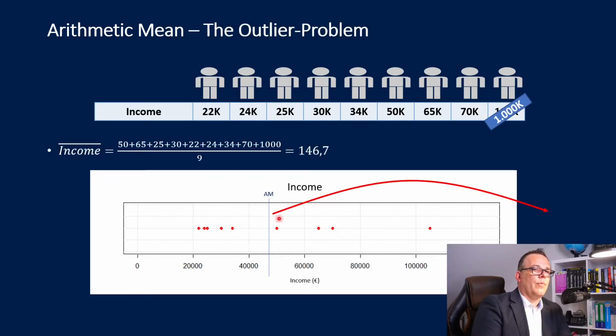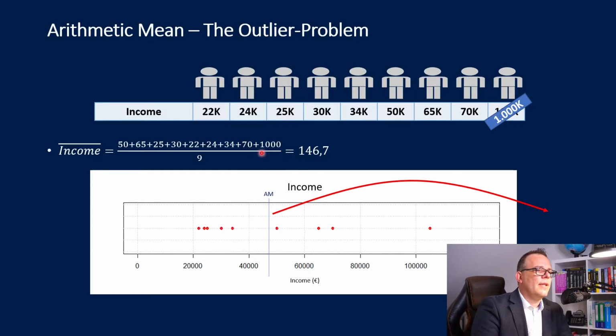If we now remove the rich guy on the right-hand side and replace this person by an even richer guy, like Richie Rich or whomsoever, so the person with 105,000 income leaves the room and someone with 1 million income comes into the room, what happens then?